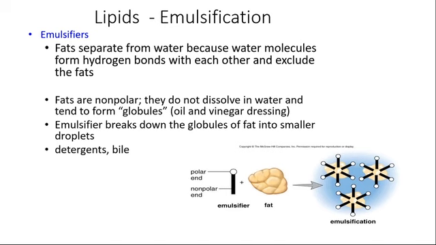A very good example of an emulsified solution or suspension is milk. In milk you have fat, and it is emulsified. The protein in the milk helps to keep the fat in solution. If you shake the milk for a very long time, it will separate.